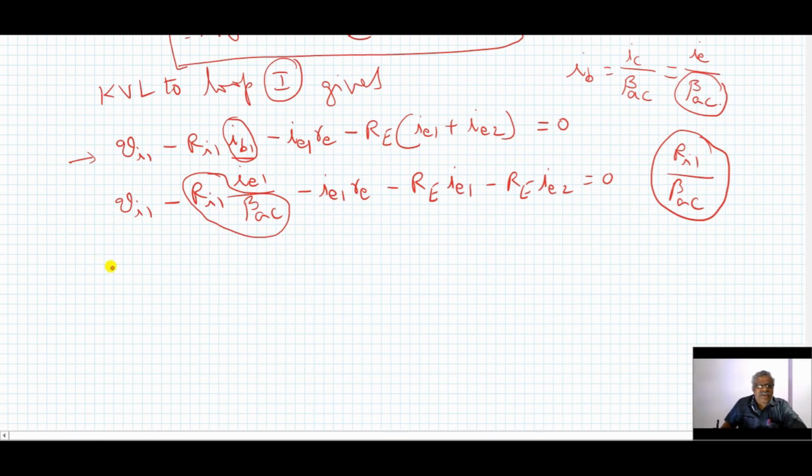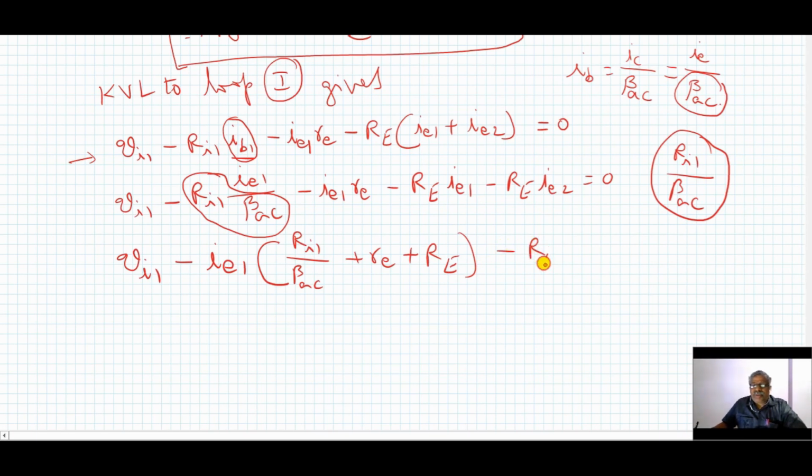So before neglecting, let us rewrite another expression here as VI1, and here all IE1 terms you can take common, minus IE1 into RI1 by beta AC plus small re plus capital RE, minus RE into IE2 is equal to 0.